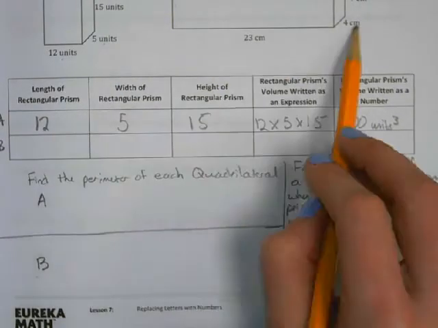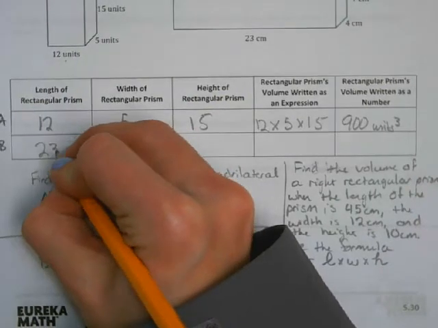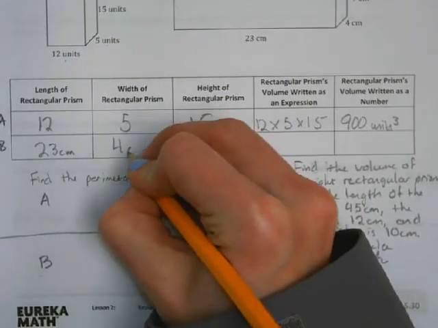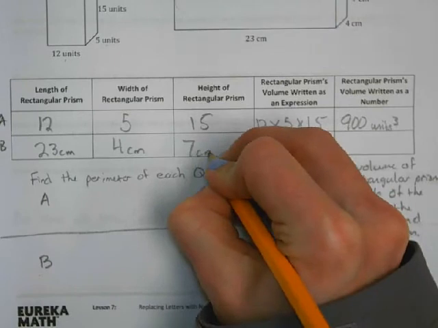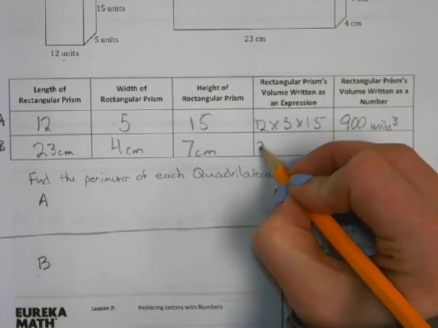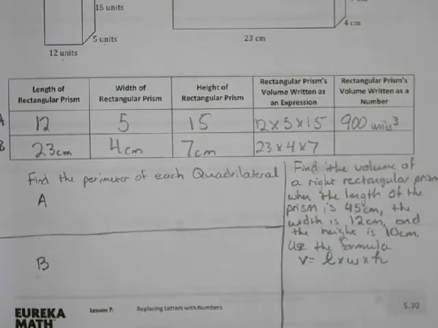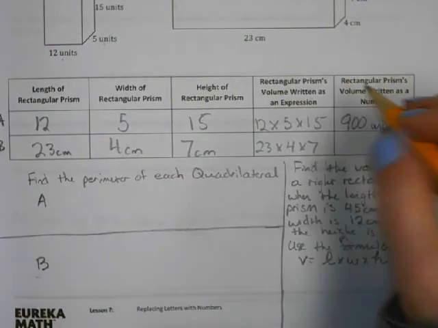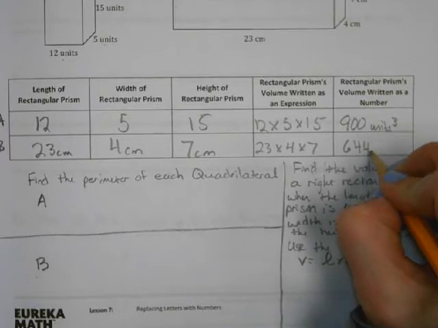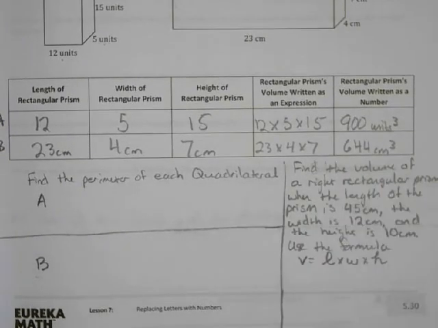So rectangular prism 2 has 23 centimeters, 4 centimeters, and 7 centimeters. Written as an expression, you should have written 23 times 4 times 7. And you would have gotten 644 cubic centimeters.